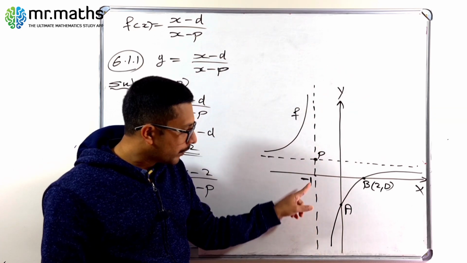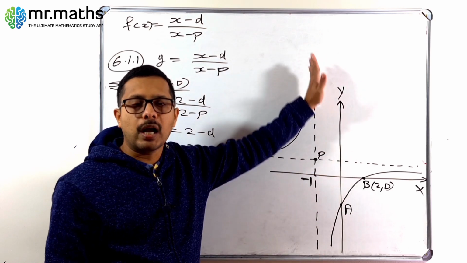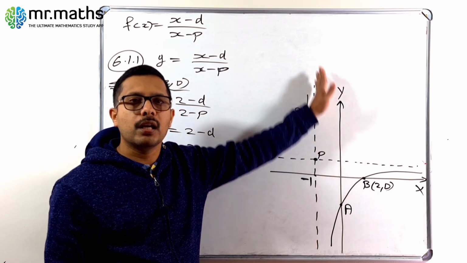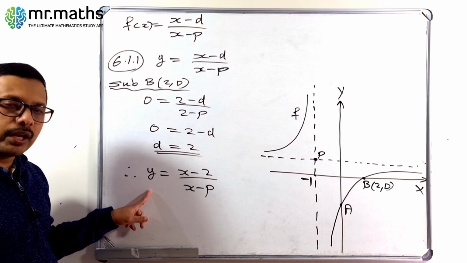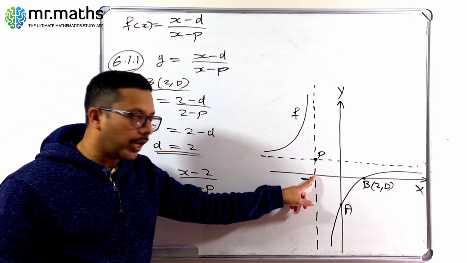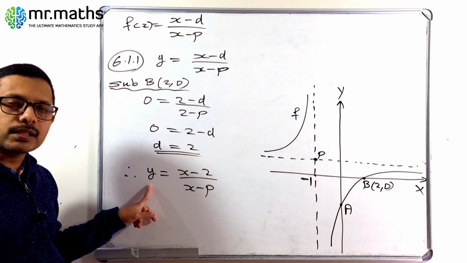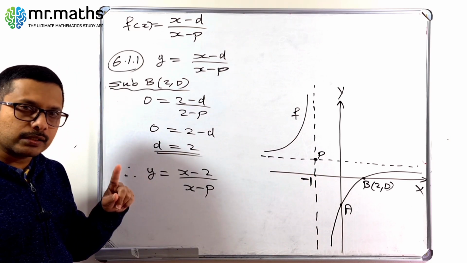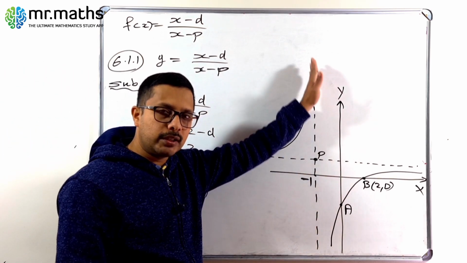So it means that when x is equal to -1, the graph is undefined, or f of x is undefined. f of x is the same as y. At what value of x? When x is -1, f of x or y is undefined, because that's the asymptote given in the graph.